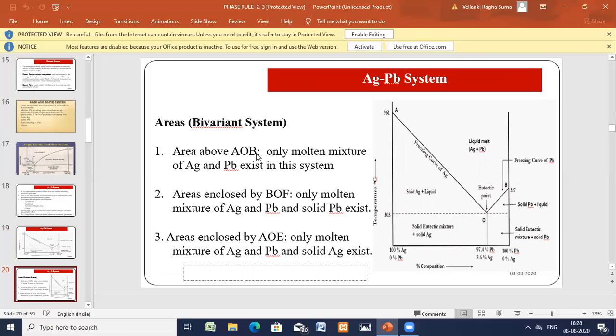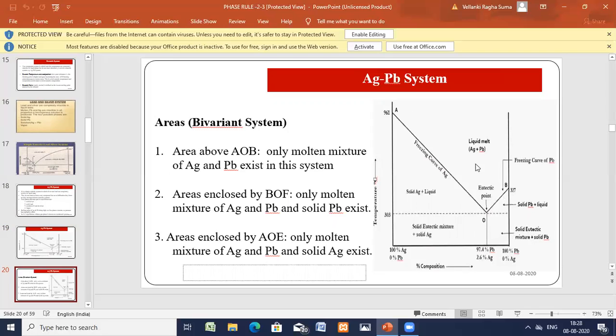See very clearly, in area AOB you only have the molten Ag plus Pb.